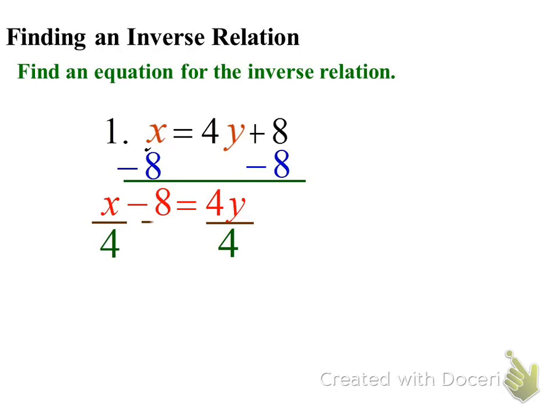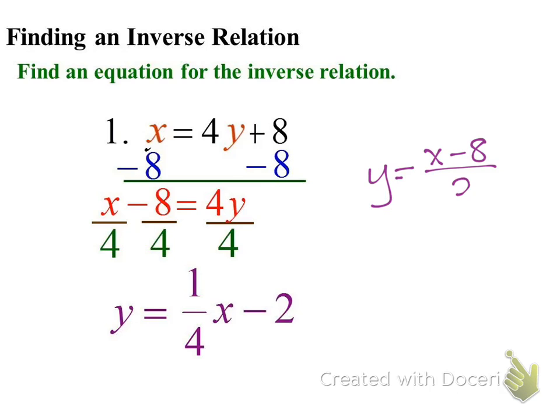Divide both sides by 4. I would have just had x minus 8 all over 4. Or we could do y equals x minus 8 over 4. Either is okay. But we need to make sure we put in that this is the inverse.